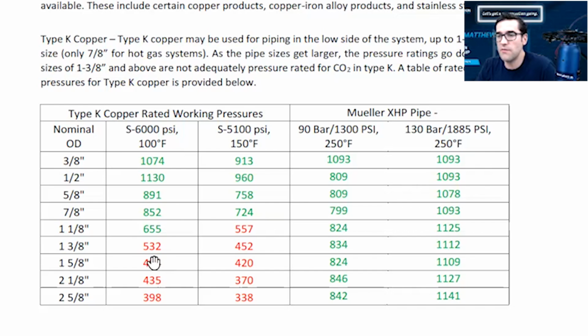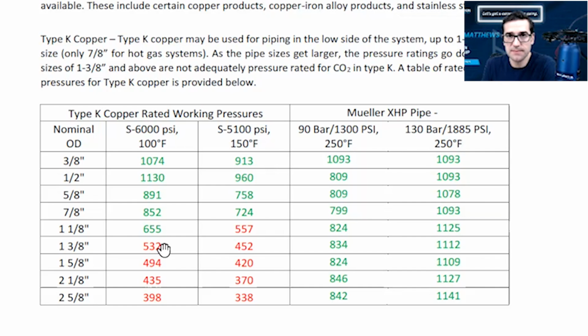But when you get right down to here, 1 3/8, it only can handle 532 psi, which is like 30-some bar. Can handle the pressure rating of that pressure relief. And the biggest thing is everything upstream of the pressure relief needs to handle that pressure.